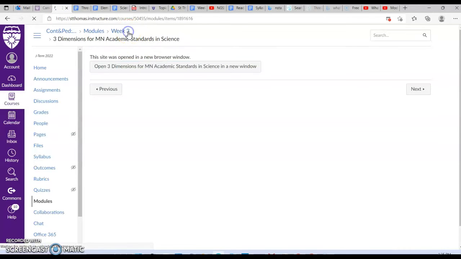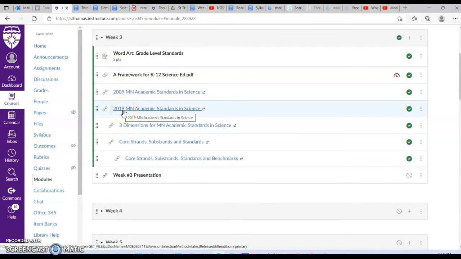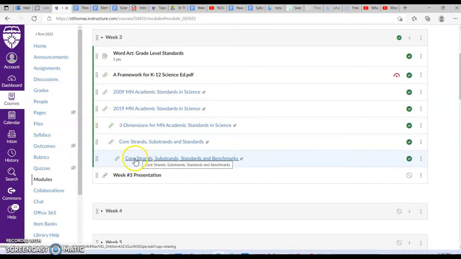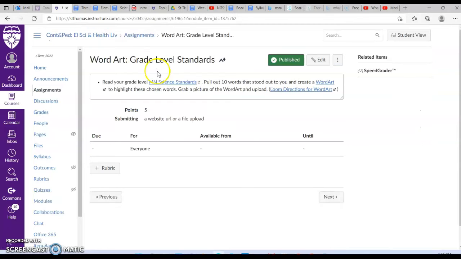Okay, so you're spending time looking at understanding the 2009 Minnesota Academic Standards and the 2019 Minnesota Academic Standards, diving in to understand what the different standards and benchmarks are related to the strands and substrands. Your assignment for Module 3 is listed right here.